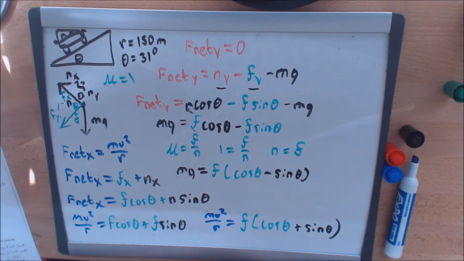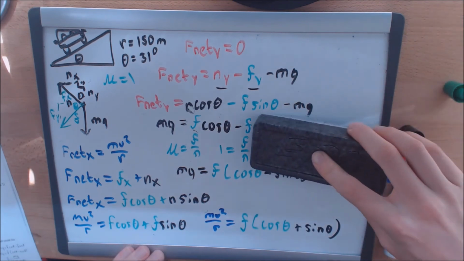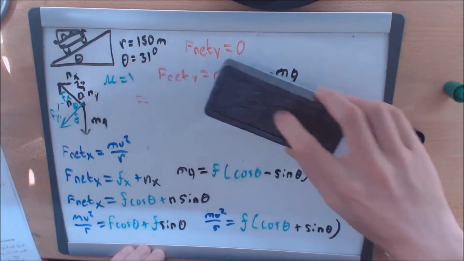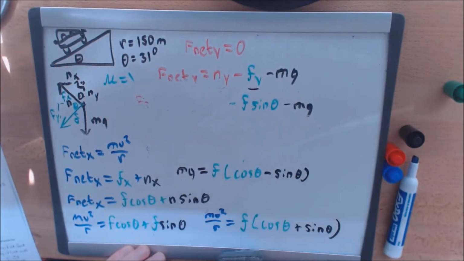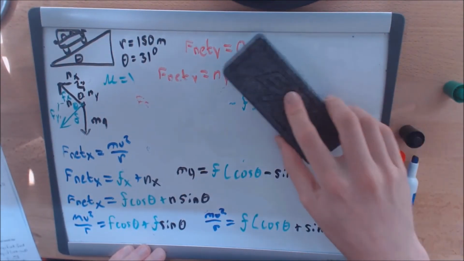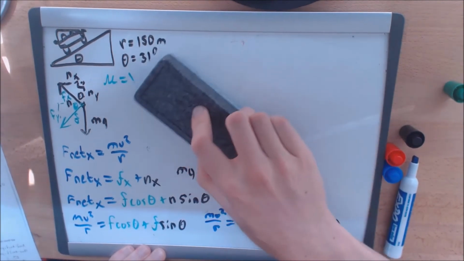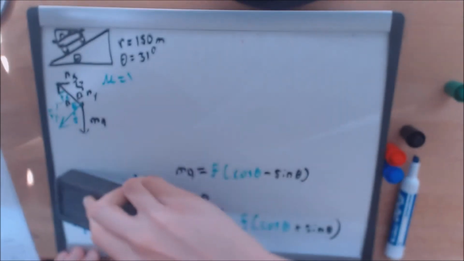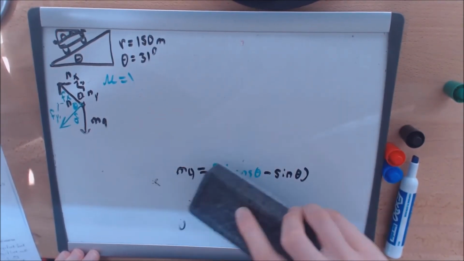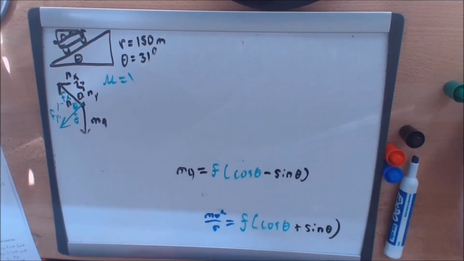So now we want to take these two equations and find a way to put them together, right? We're going to solve for F in the y equation, and we're also going to solve for F in the x equation.